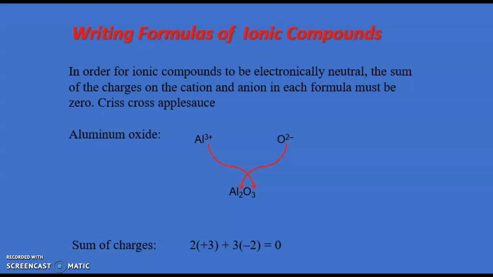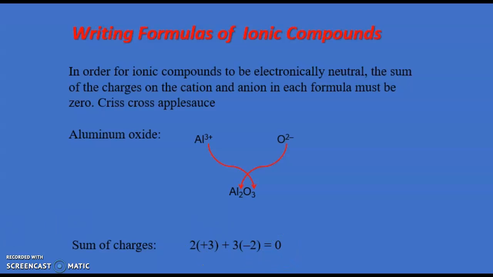All you have to do is write those charges as superscripts, which means they are above the element. And to get the correct formula, all you have to do is crisscross those superscripts and make them subscripts. So where you had Al +3 and O -2, now you have Al2O3. And if you add the charges up, it all becomes neutral.